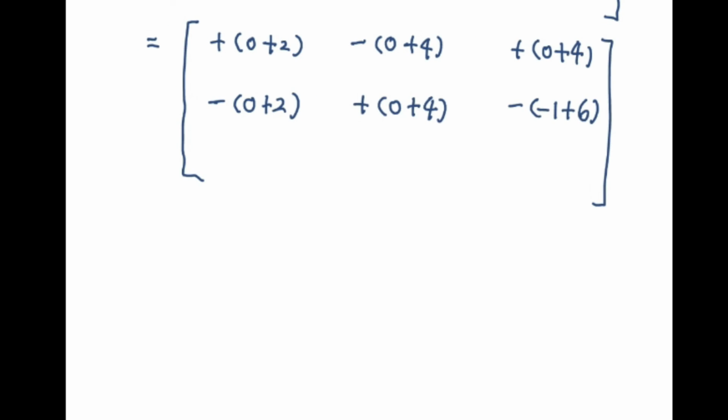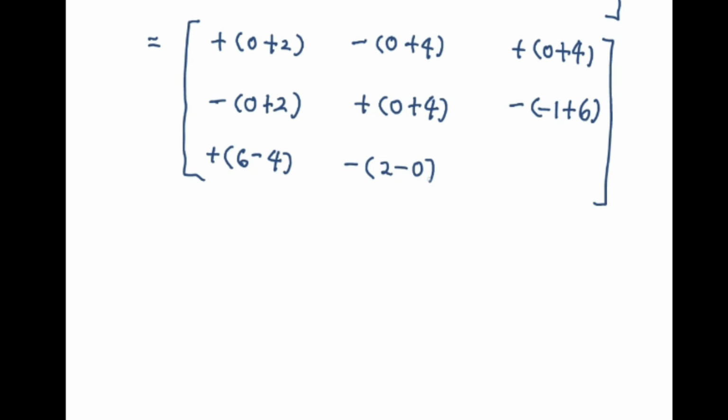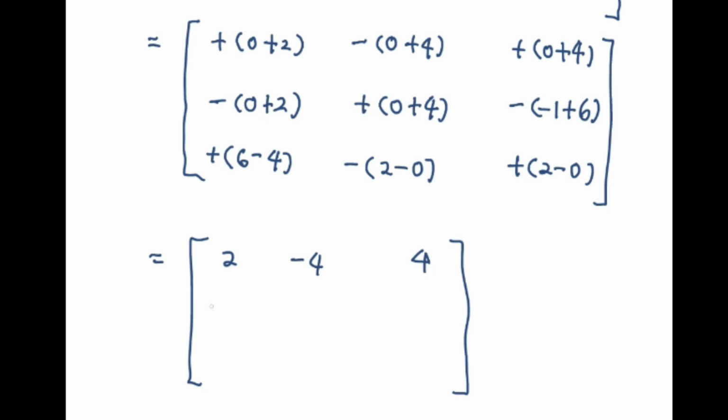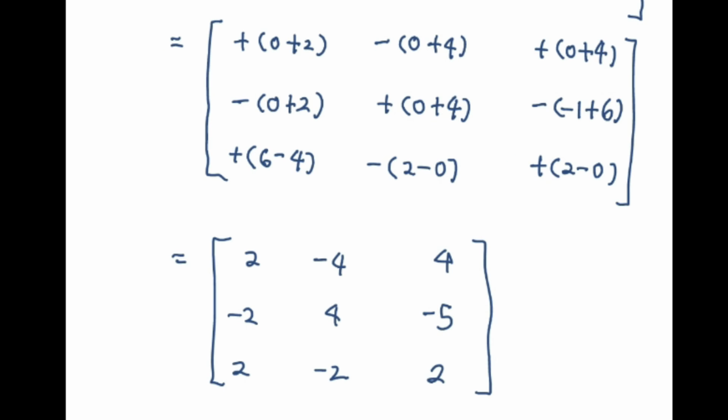Then you will get the answer 2, negative 4, 4, negative 2, 4, negative 5, 2, negative 2, 2. Understand? Alright.